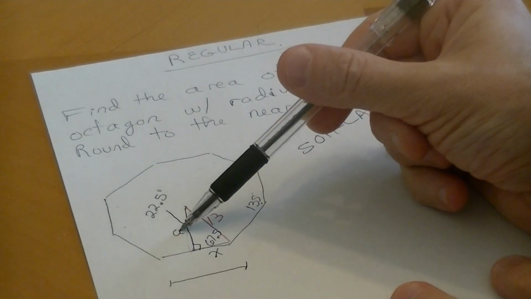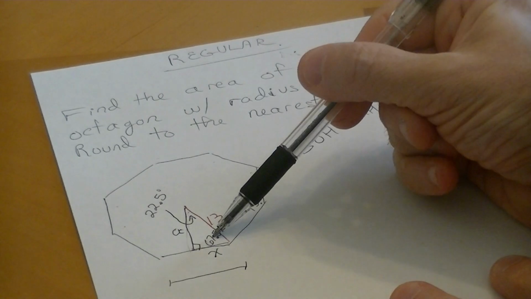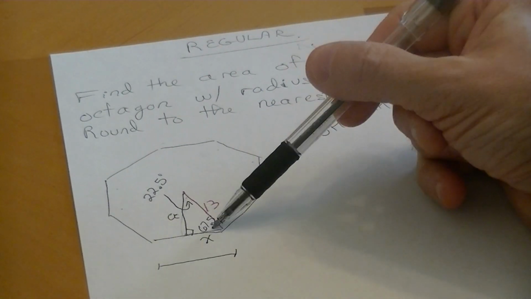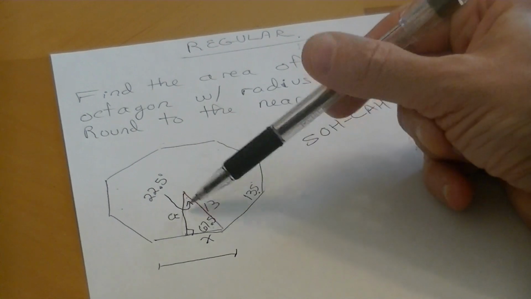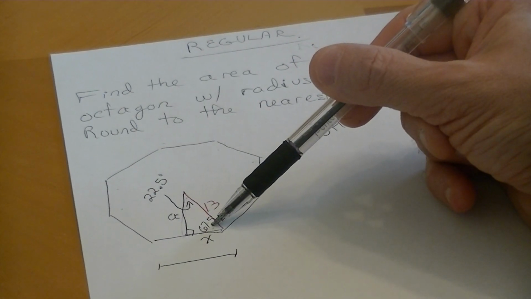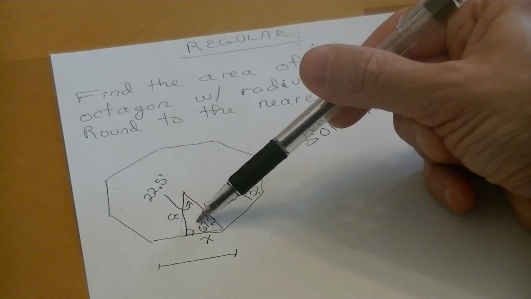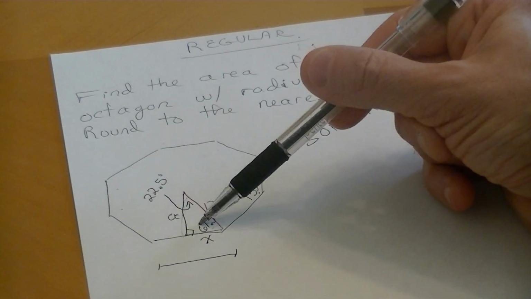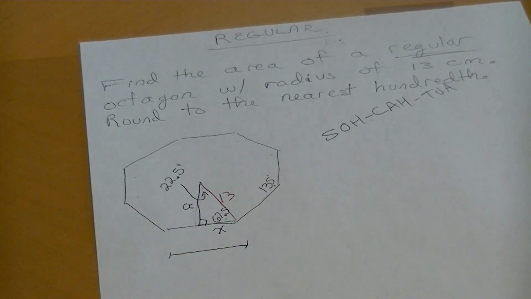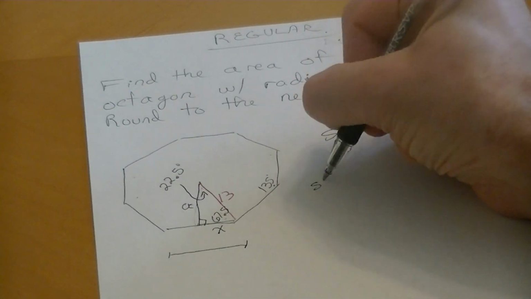Let's start with A, the apothem. If I want to get the apothem, I need to choose one of the acute angles. When a variable is on a leg, I like the angle across from it, but either one of these angles will work. So I'm going to use this angle. I want the opposite leg, and I know the hypotenuse. Sine is opposite over hypotenuse.